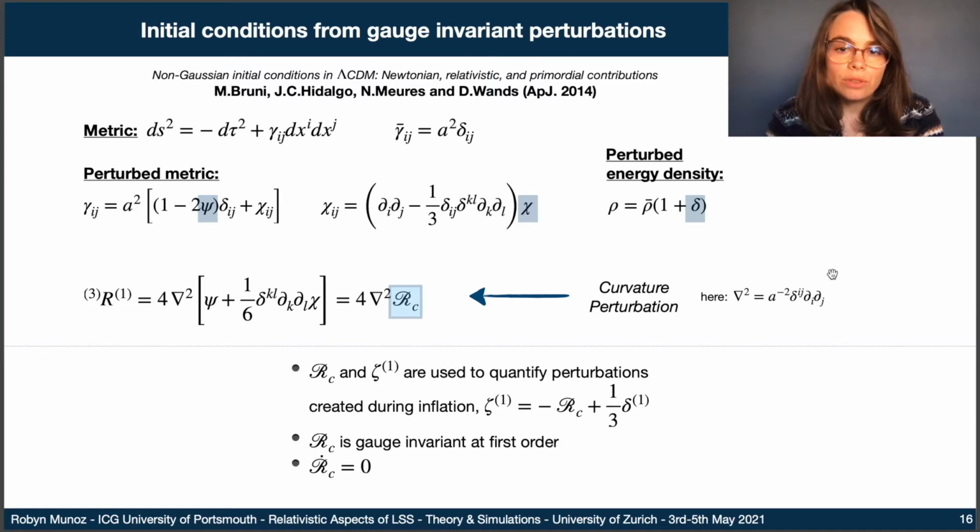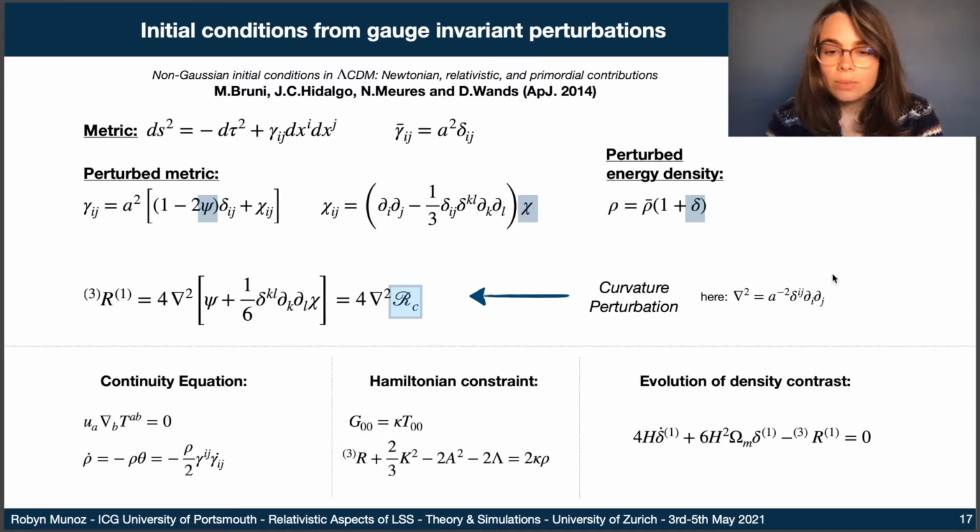And so to do this, what they did is, first they considered the evolution of the density contrast. And so you have this differential equation here, where you see that delta has two solutions, the homogeneous solution and the particular solution.